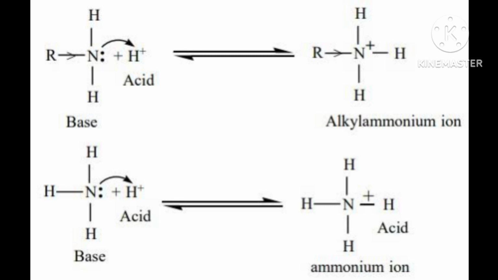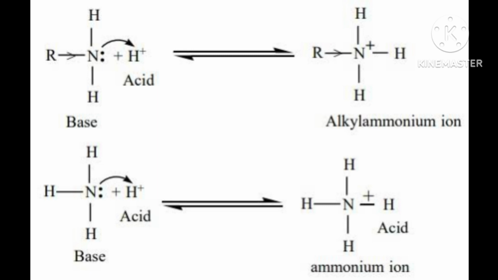Just to remember, if Kb value is more, then base is stronger. Or another way, if pKb value is less, then base is strong. Just like acid, same way. If Kb value is more, then obviously pKb value will be less. Both are related inversely. Okay.